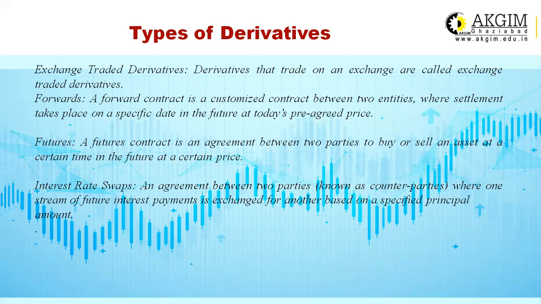Daily settlement features set the value of these contracts at zero at each trading day. These contracts are done through members of the exchange, hence there is the involvement of a brokerage fee for buy and sell orders. These contracts are settled through the clearinghouse, so there is no risk of settling the contract at the maturity date.